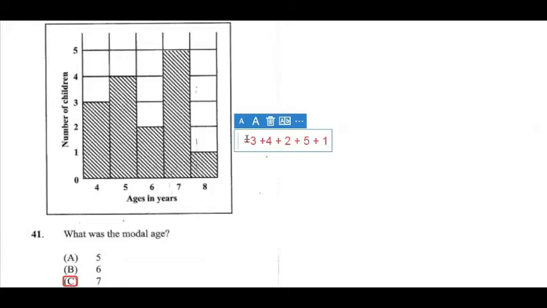So you just need to add these. So it is 4 plus 3, 7, plus 2, 9, plus 5 to give us 14, plus 1 to give us 15, and therefore our answer for 42 is B, which is 15.